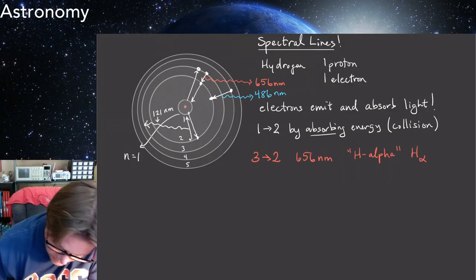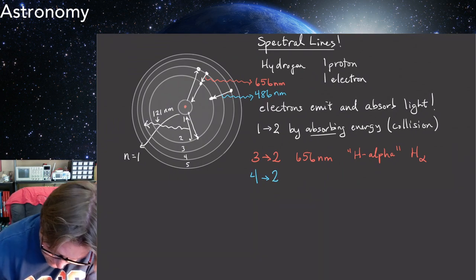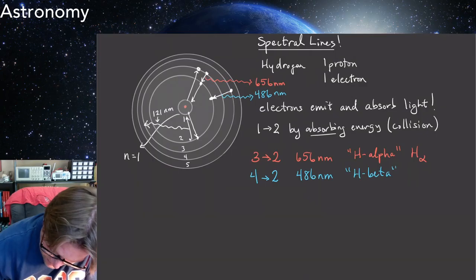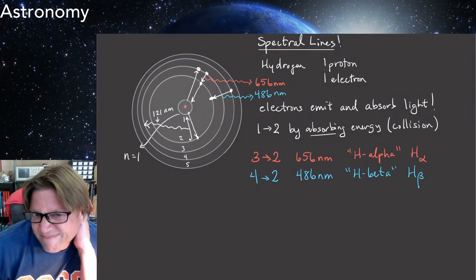All right. So the transition of an electron from level 4 to 2 gets you 486 nanometers. The nickname for this one is, guess what, H beta, alpha and beta, and sometimes you'll just see it written like that, an H with a beta after it.